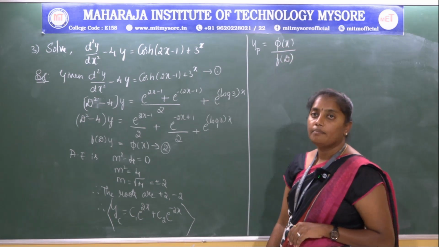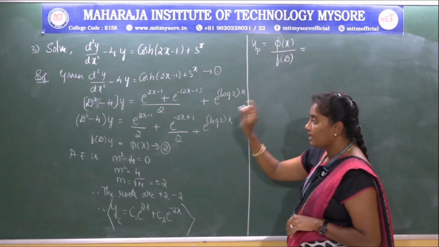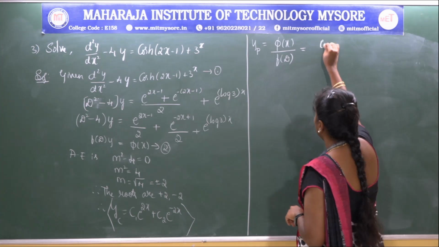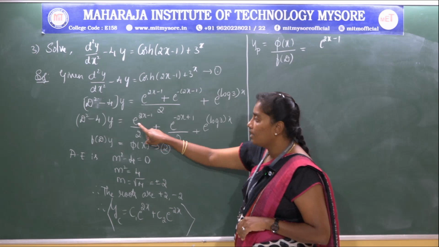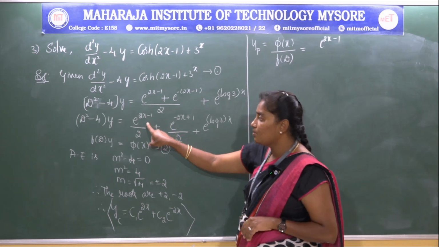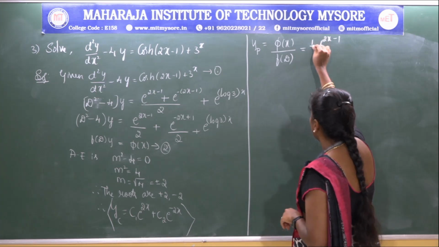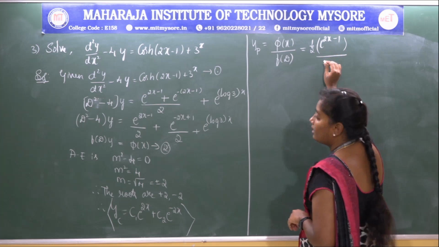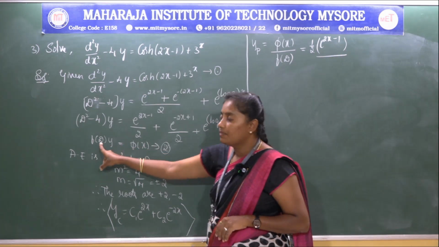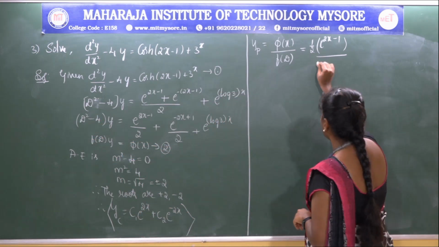Phi of x divided by f of d, where the phi of x in this is e to the power of 2x minus 1 divided by 2. Here we have e to the power of 2x minus 1 divided by 2. I will write that 2 as 1 by 2 e power of 2x minus 1 divided by f of d. So where f of d is equal to d square minus 4.